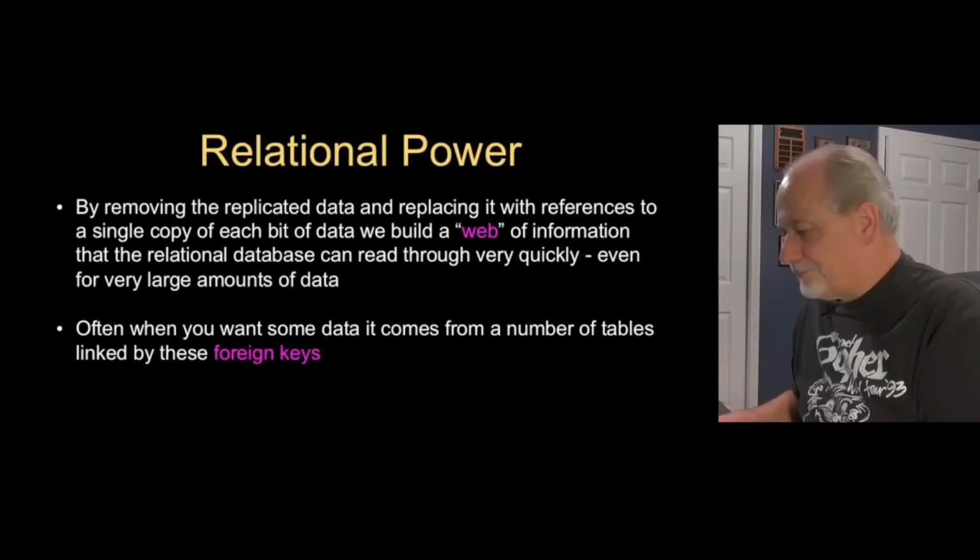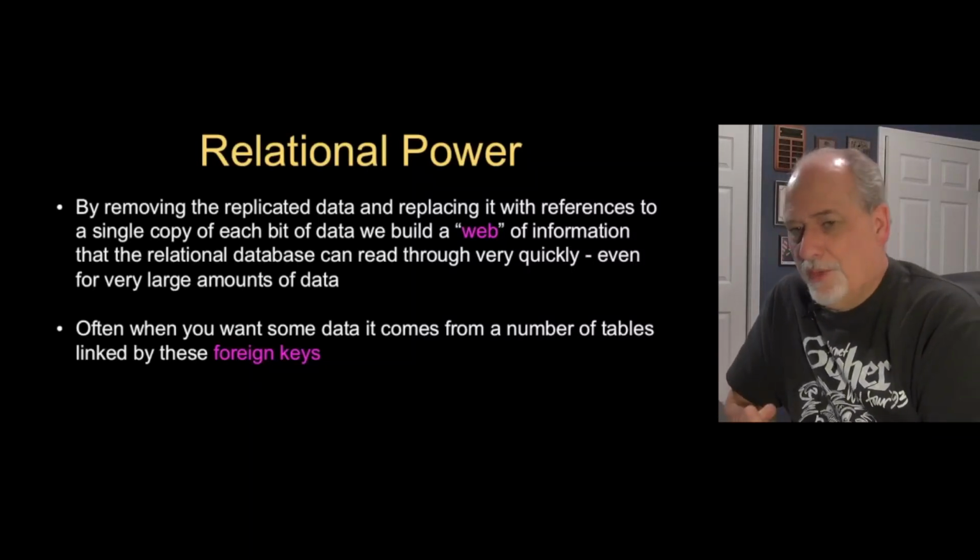So now that we've carefully constructed our relationships in the tables, we need to reconstruct the data to show our users. And you can kind of see how you would go pull this stuff together, but there's a wonderful capability in relational databases called join that brings this all back together.